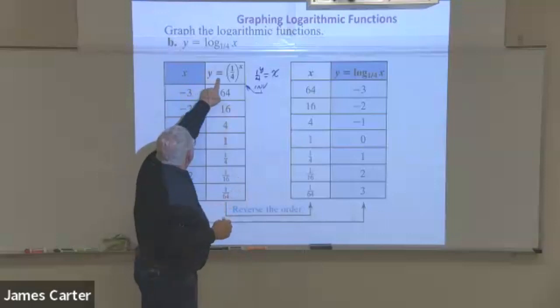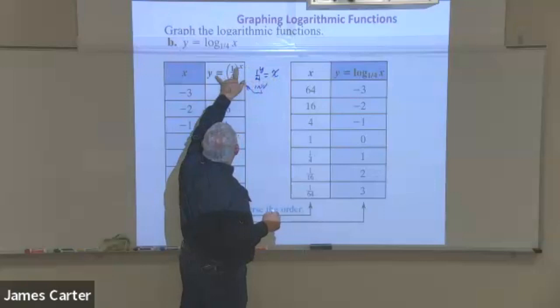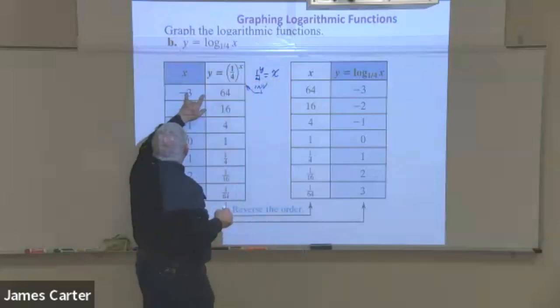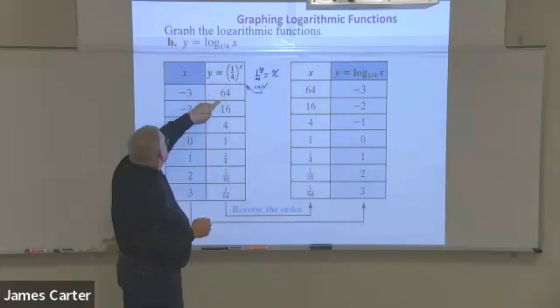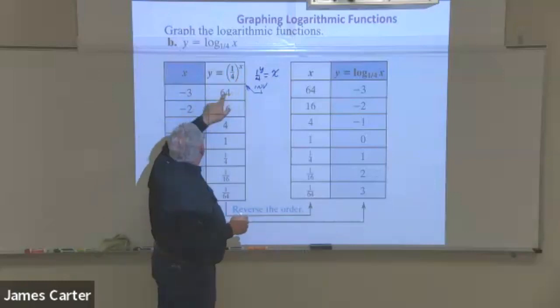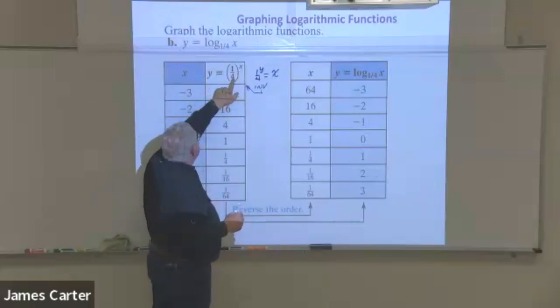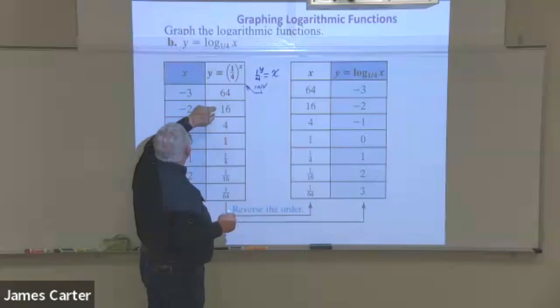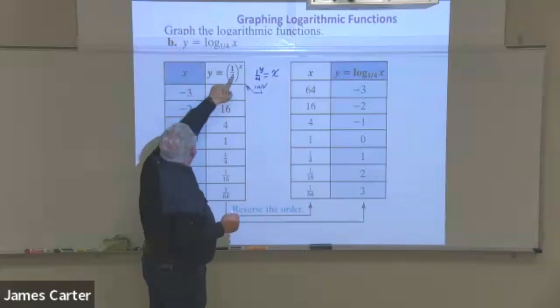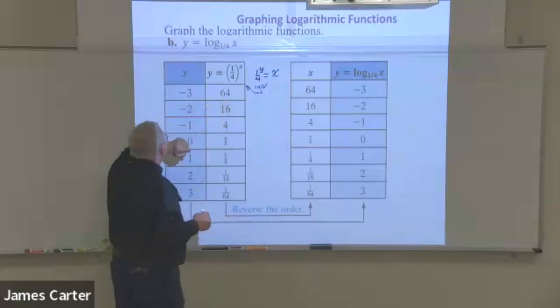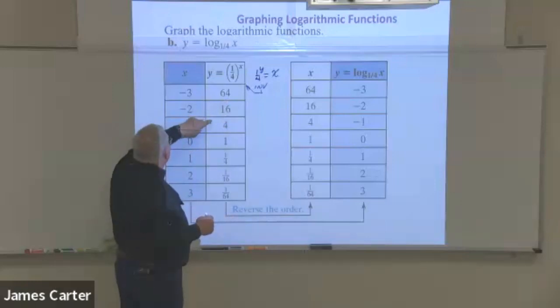So based on this inverse, where we interchange the x's and the y's, I can find these values quite easily. If this is -3, 4 to the third is 64. So this will become positive 64 over 1 here to the negative second.